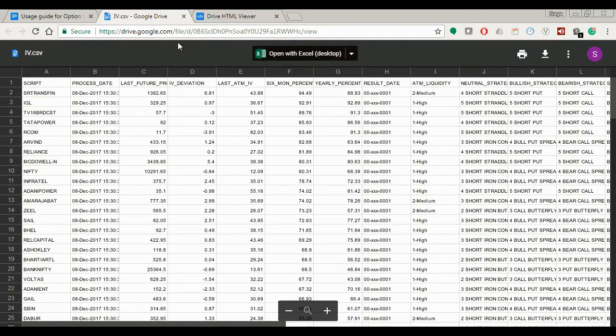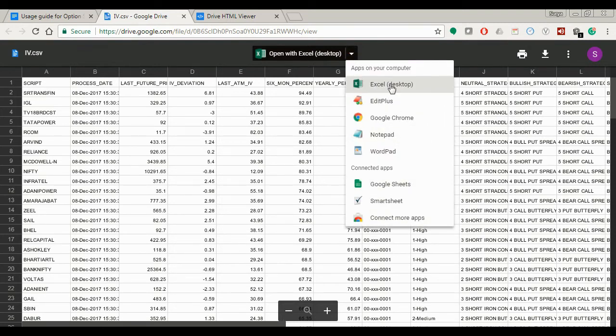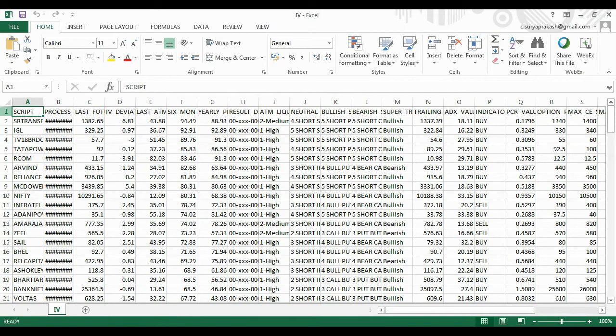So there are different ways of opening this file. You can open it via Google Sheets, or if you are using Microsoft, you can use Excel. I have pre-opened the script in Microsoft Excel.